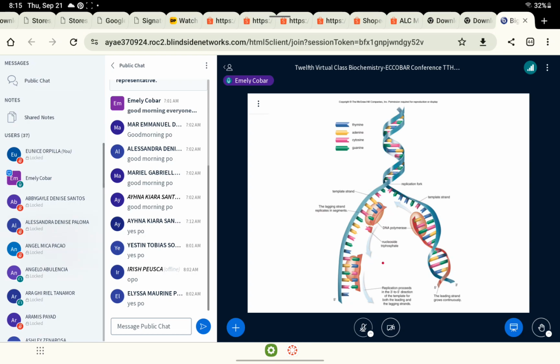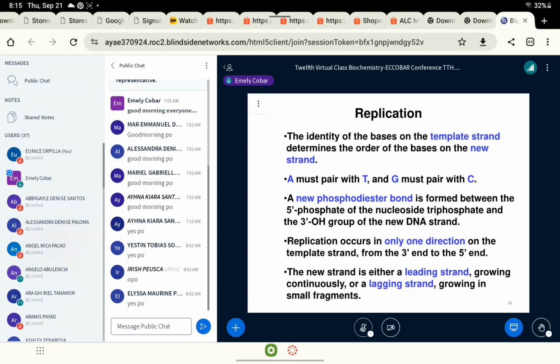Of course, there are enzymes that are responsible: DNA polymerase. And then nucleoside triphosphates, these are available in the nucleus na ginagamit para to give the complementary base pairs. So that's how replication happens. The identity of the bases on the template strand determines the order of the bases on the new strand, which we have discussed kanina.